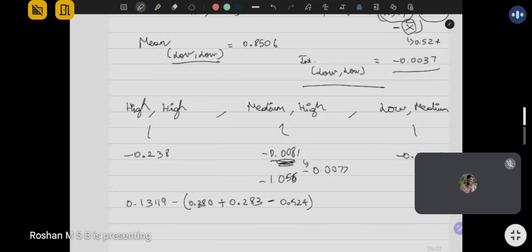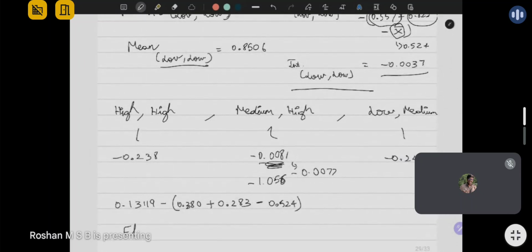And you get the overall interaction effect, AB. You have to sum the effects of all the categories: low medium, low high, medium low, so nine. You have to calculate it for nine different things, and the overall interaction will approximately turn out to be zero.